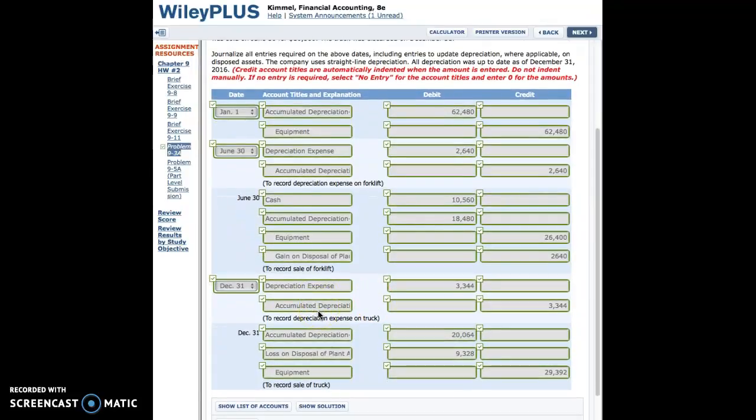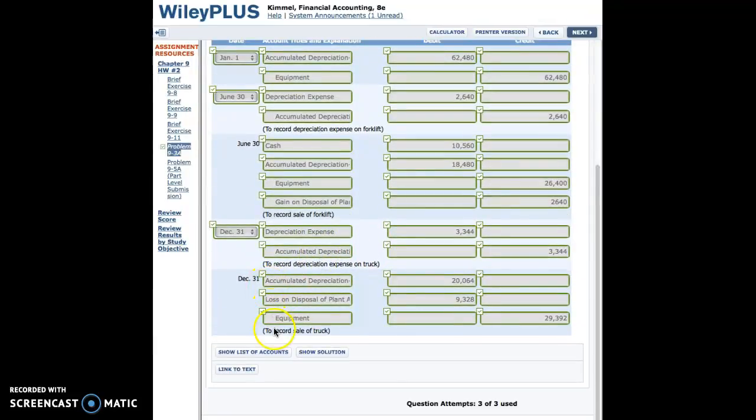For the very last part, we're recording the sale of the truck. So we take 1 year of depreciation and we times that by 6.